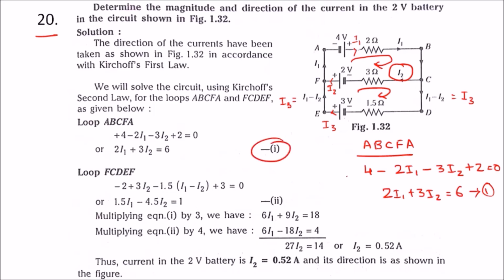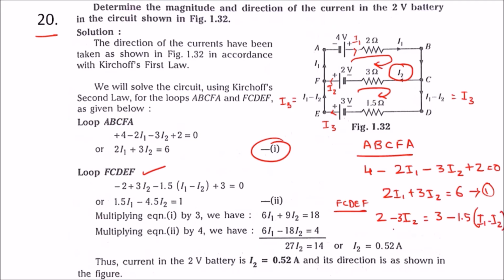When we take the loop F, C, D, E, F, this is the second loop. So this will be 2 minus 3I2 is equal to 3 minus 1.5 into I1 minus I2.